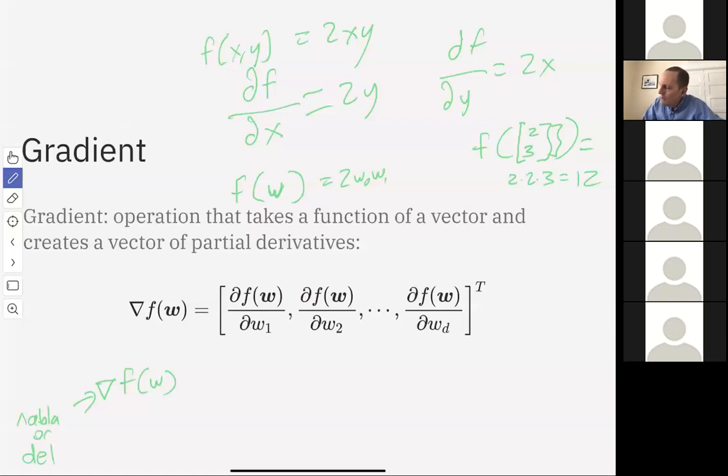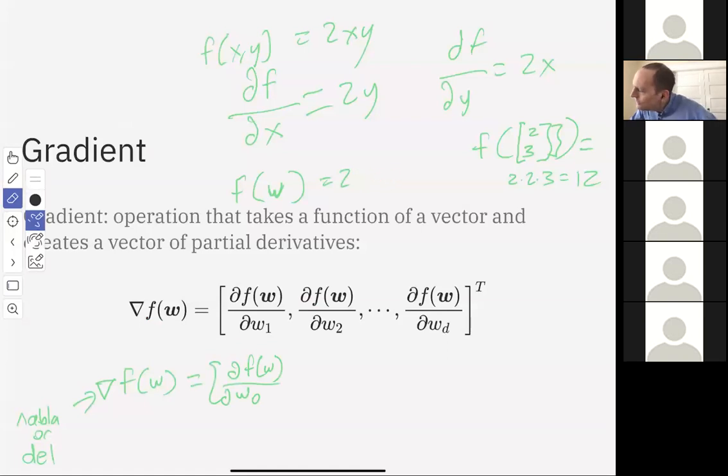So anyway, if we have our particular f here, which is 2w0, w1, then this would be the partial derivative of f of w with respect to w0. I'm being inconsistent here, and I apologize, so let me just switch over to use w1 and w2.